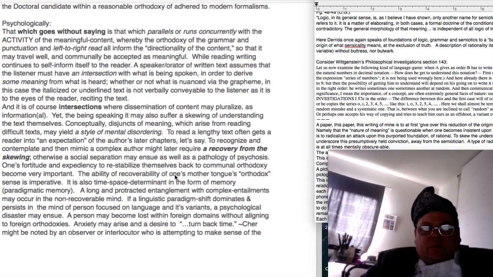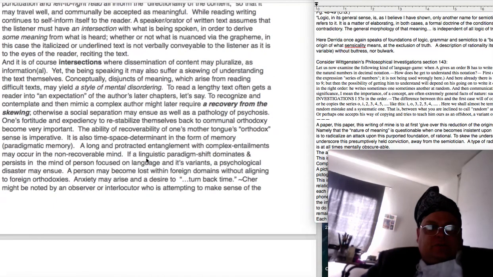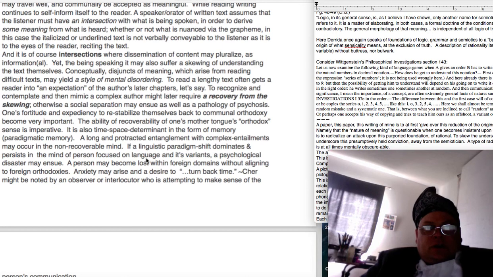A speaker, orator of written text assumes that the listener must have an intersection with what is being spoken in order to derive some meaning from what is heard, whether or not what is nuanced via the grapheme, in the case that italicized or underlined text is not verbally conveyable to the listener as it is to the eyes of the reader reciting the text. And it is, of course, intersections where dissemination of content may pluralize as informational.